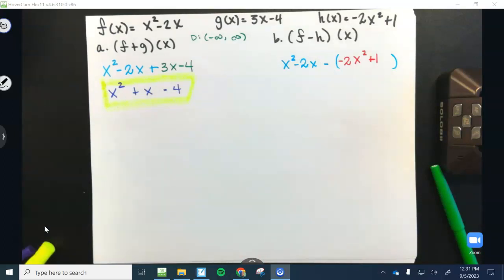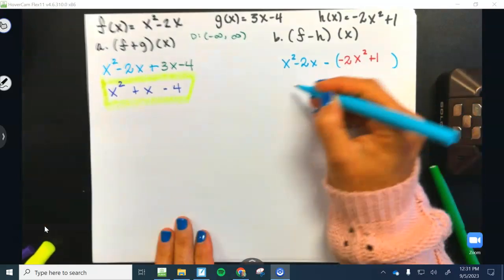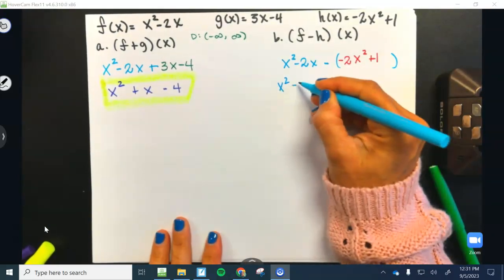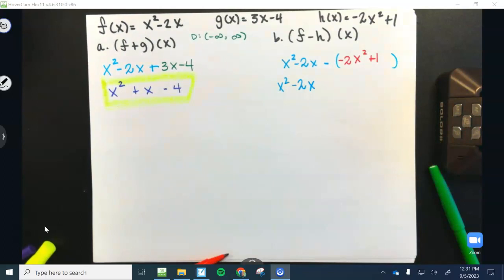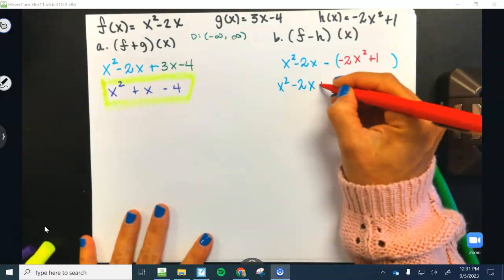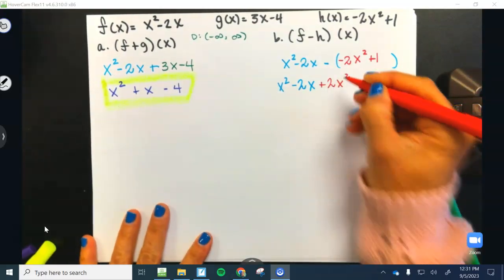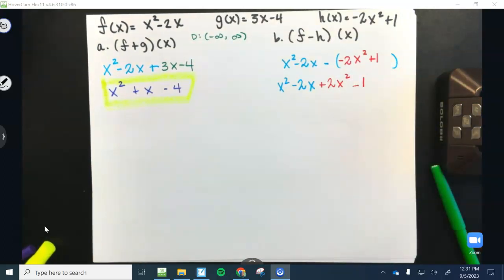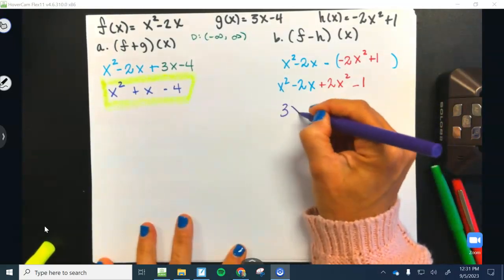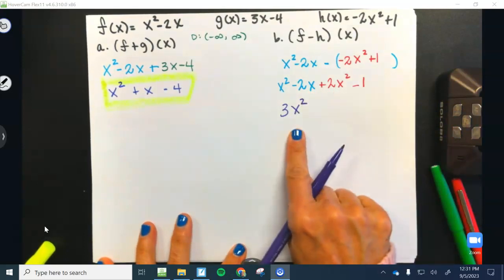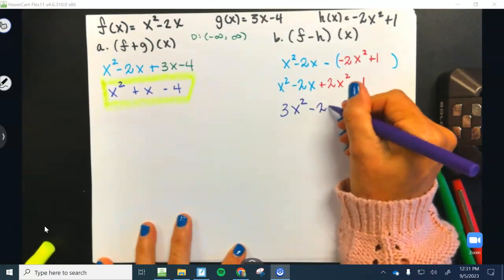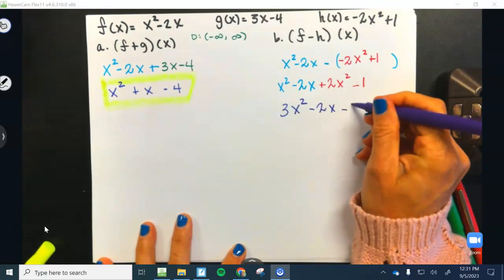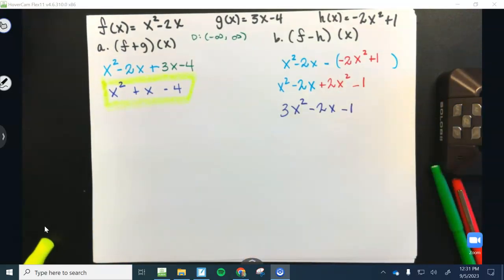So this is going to turn into x squared minus 2x, and then plus 2x squared, and then minus 1. And then again, just combine like terms. So we're going to have a coefficient of 3 for that quadratic term, and then minus 2x, and then minus 1. And that's it.